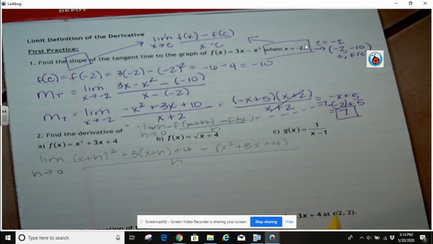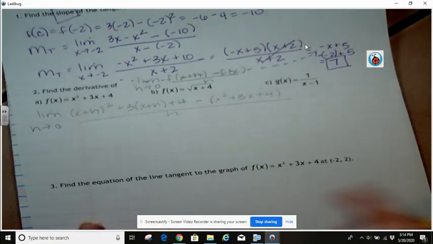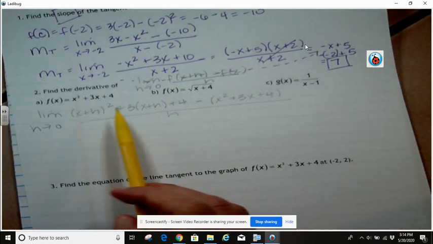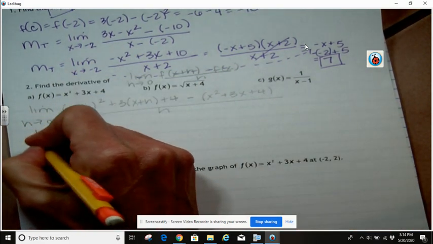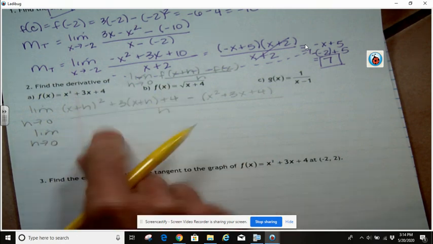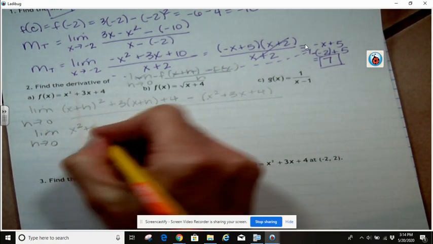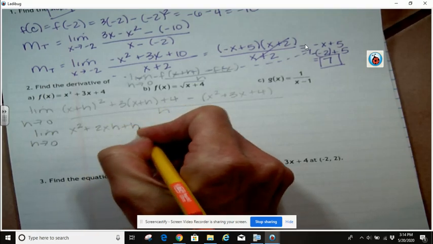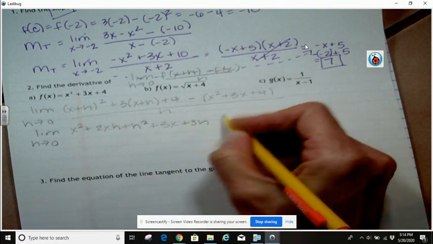All right, so we got to clean up this numerator. The more times you do it, the more you get used to the x plus h quantity squared and the outcome of that. So the limit as h approaches 0. When you do x plus h times x plus h, FOIL and combine like terms, it's x squared plus 2xh plus h squared every time. Plus 3x plus 3h plus 4.